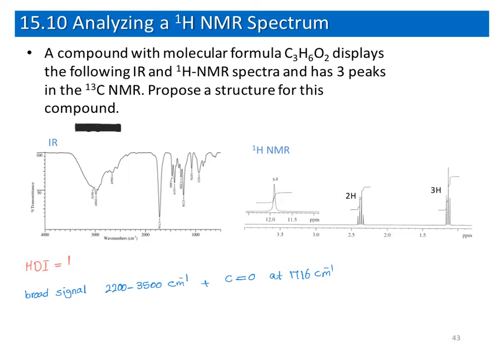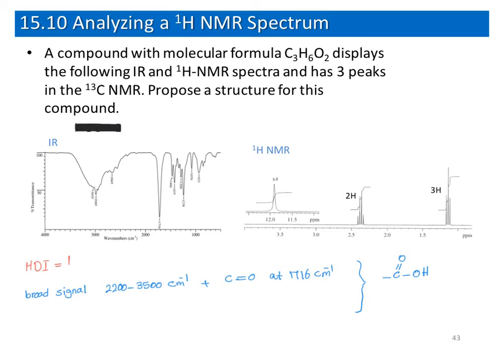Both of them together can tell us that we can have a carboxylic acid functional group. If you look at the carboxylic acid functional group, we have a CO double bond. So that HDI equals 1 can be because of the CO double bond. That tells us we don't have a ring in this structure, so the structure should be linear.